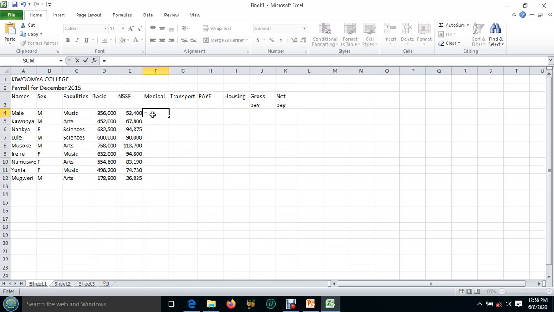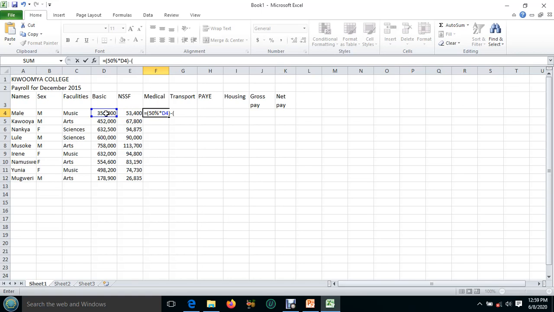So let us group them in brackets. Open bracket, 50% of, which is times basic, and the basic for the first one is this one here, close that bracket. Less means minus.